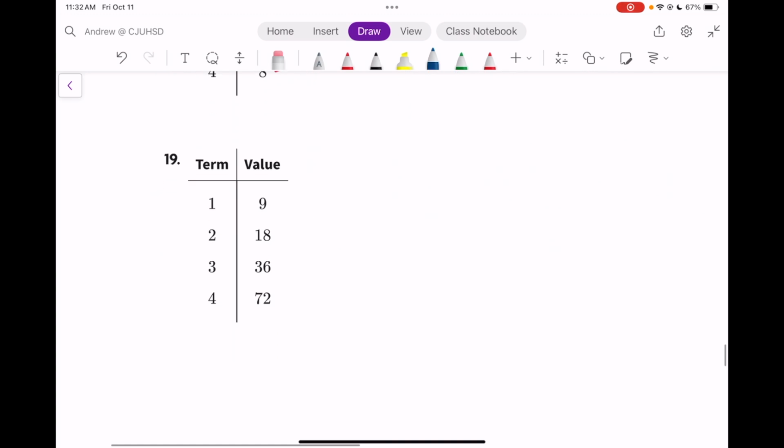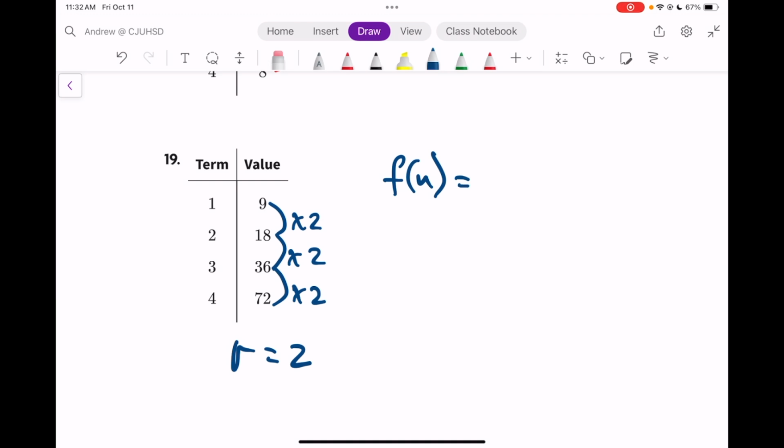Number 19, we're multiplying by 2 as we go down. That's our common ratio. R equals 2. Explicitly, that would be f of n is starting at 9, multiplying by 2 to the n minus 1.